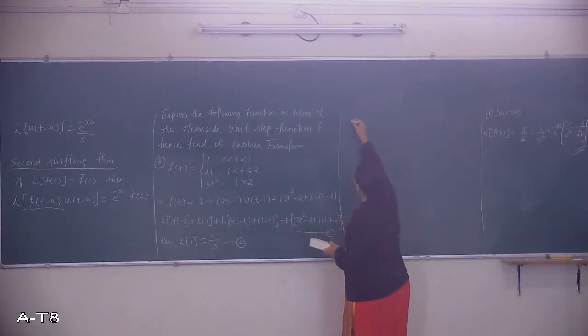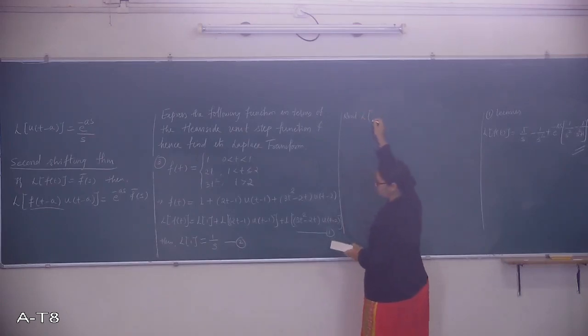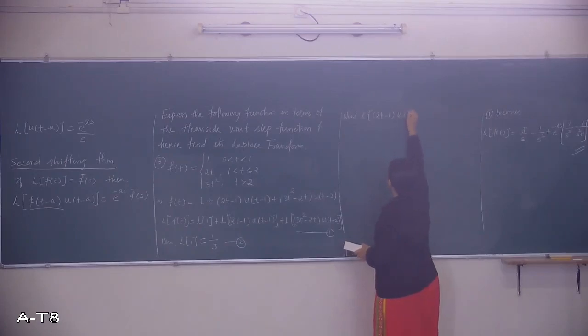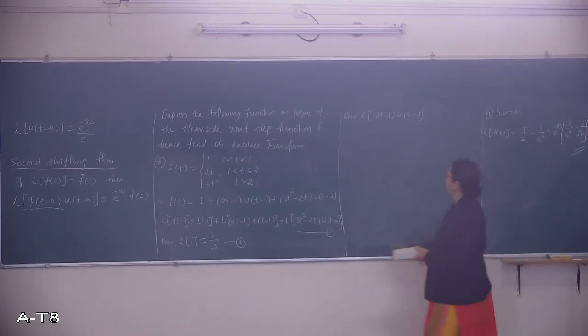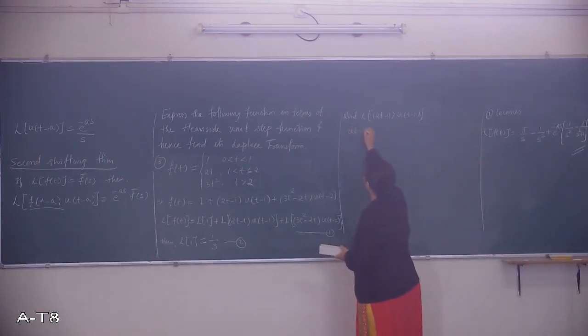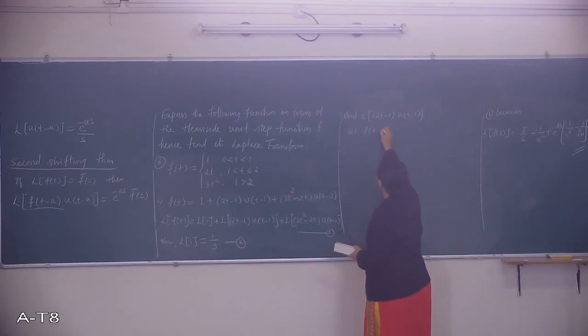The next, we need to find the Laplace transform of 2t minus 1 into u of t minus 1. Here again we make use of the second shifting theorem. Let f of t minus 1 equal 2t minus 1.